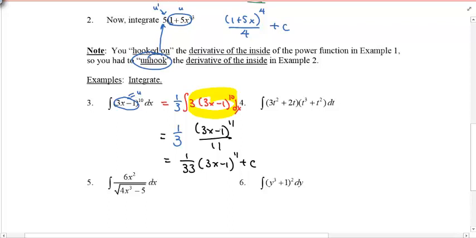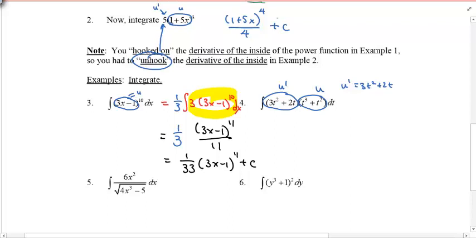Let's try example number 4. So once again, you're looking at what could be u and what is u prime. Notice we have something with a square term and a cubic term. Always try to take the higher power as your u. So if I let this whole thing equal to u, u prime just happens to be 3t squared plus 2t. Oh, great. That's actually this. Perfect. So I have that u and u prime next to each other.